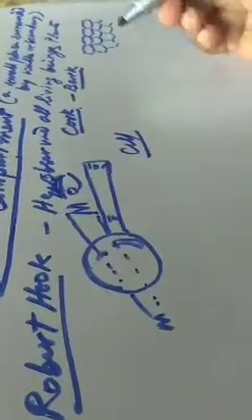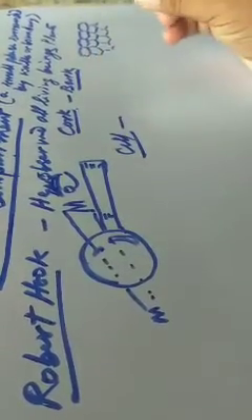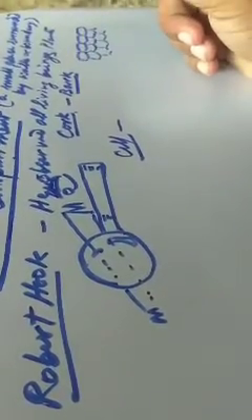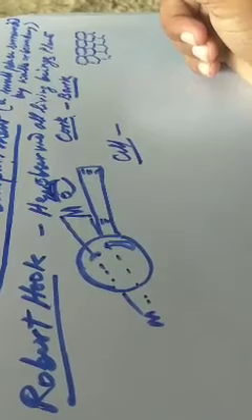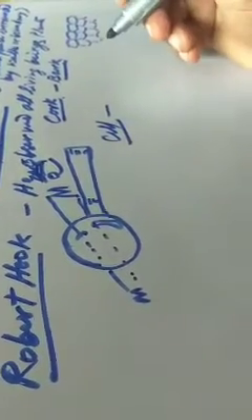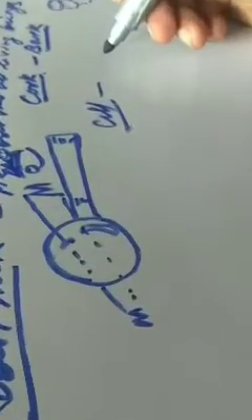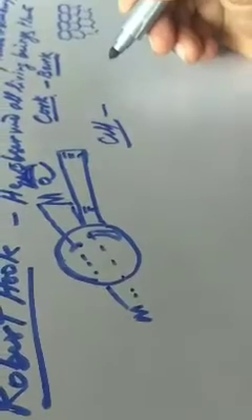was coined for this type of structure, and later on, a few more scientists gave certain theoretical aspects. We call it cell theory. Schleiden, Schwann, Virchow, these were the scientists.